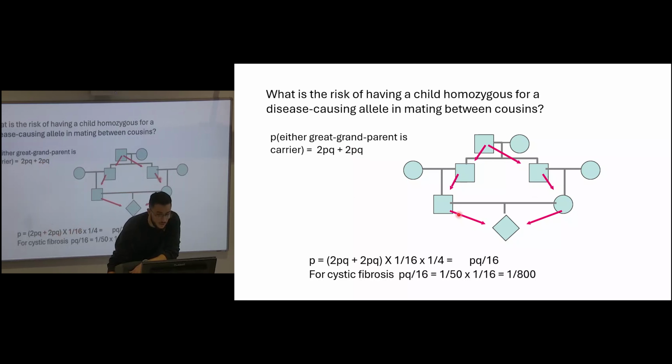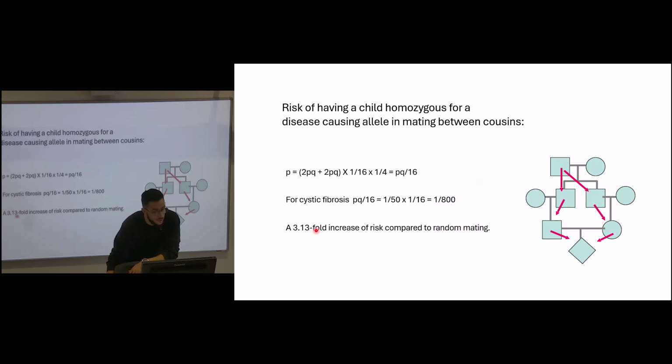The coefficient takes care of this part here, and then times 1/4 takes care of this part here, 1/2, 1/2, and the coefficient takes care of these two passing here, okay? That gives you pq/16. Actually, don't even remember it, okay? You'll have it. So for cystic fibrosis, the rate of disease in the offspring for cousins mating is 1/800. That's basically a 3.13-fold increase in the disease. Make sense?